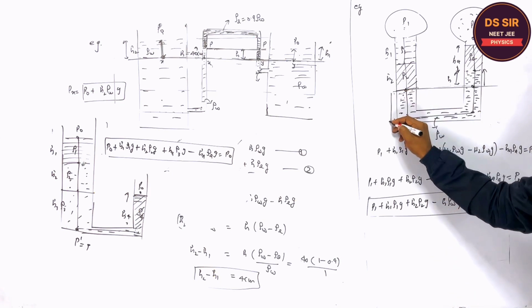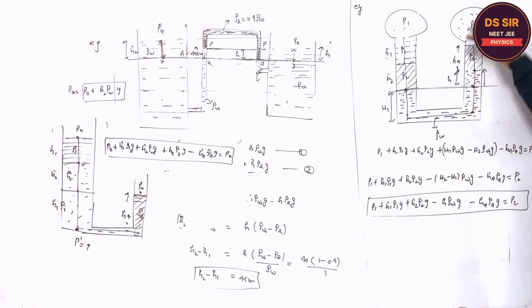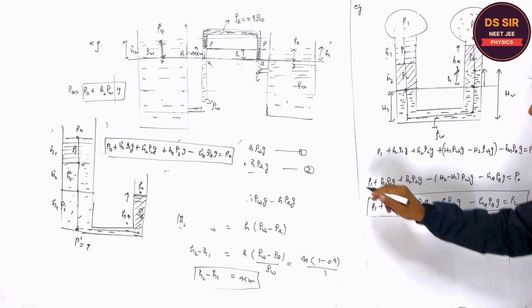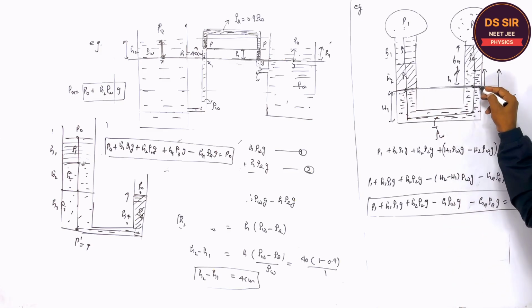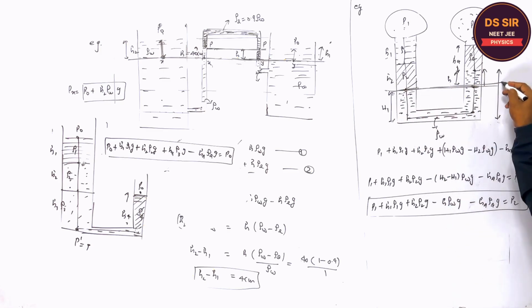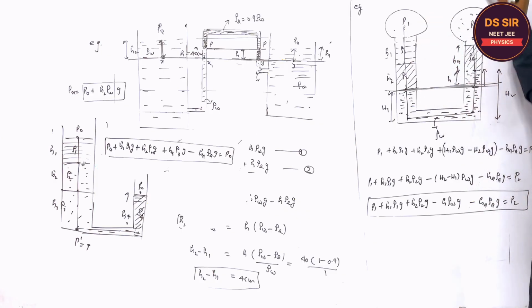So if H1 or H2 is given, you may write like this, if this is H2. But it is better if the liquid you are getting is the same. So you draw the same horizontal level and write the equation from here, then go up.